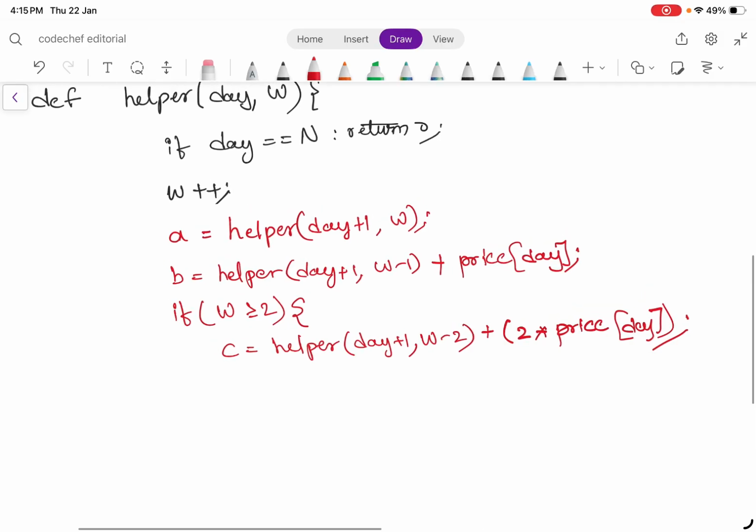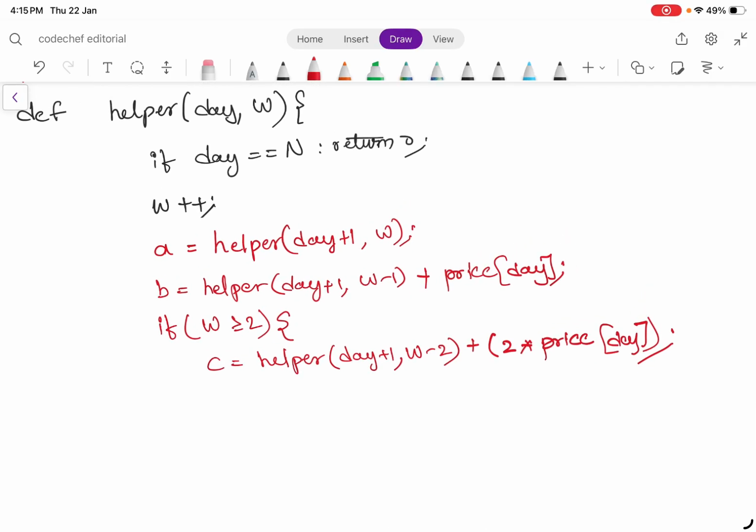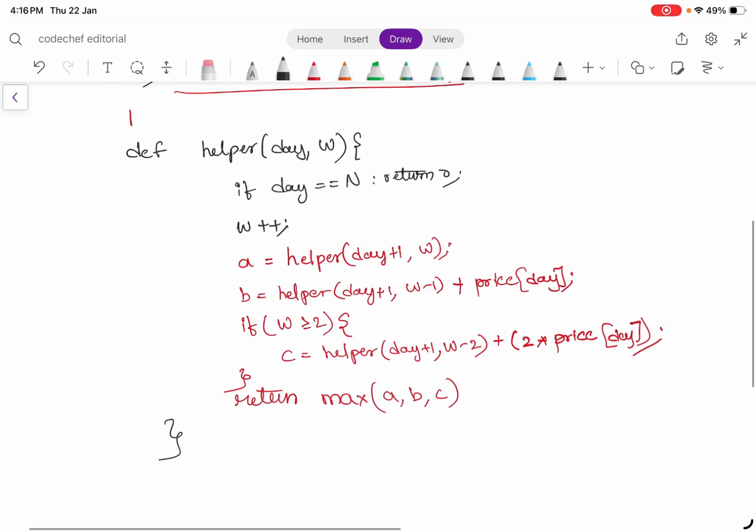From all these three conditions we return the maximum, that is max of A, B, C, and this will be a recursive function. But this is not the optimal way, right?